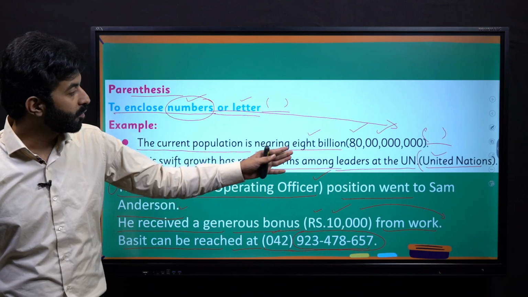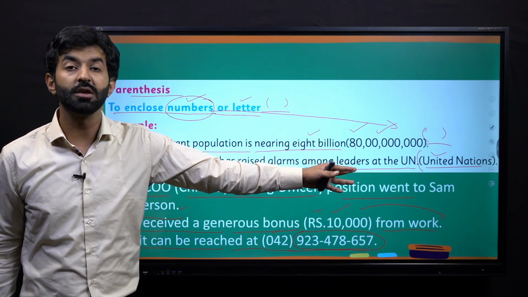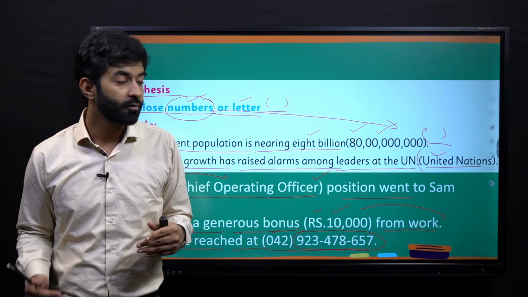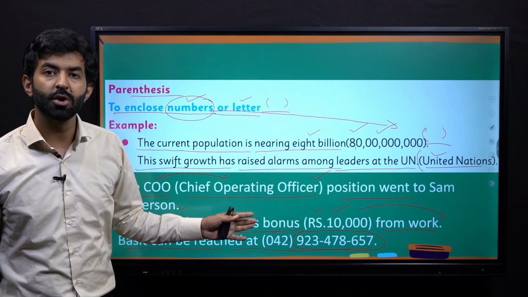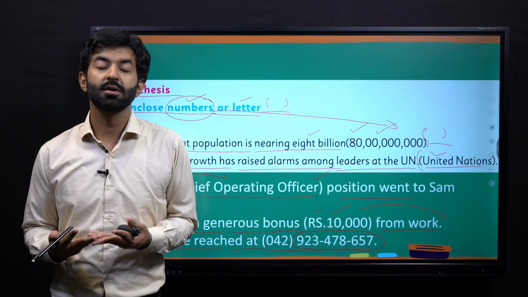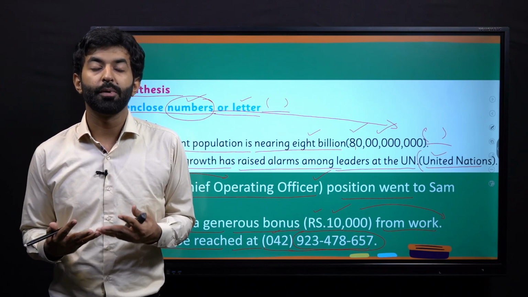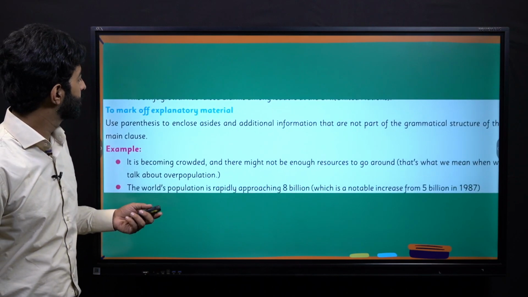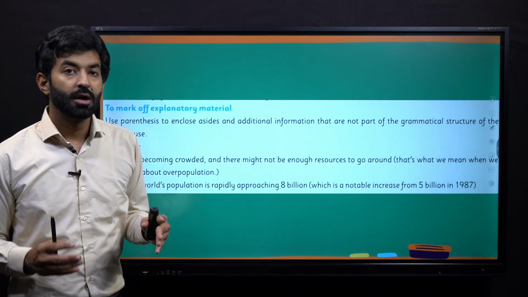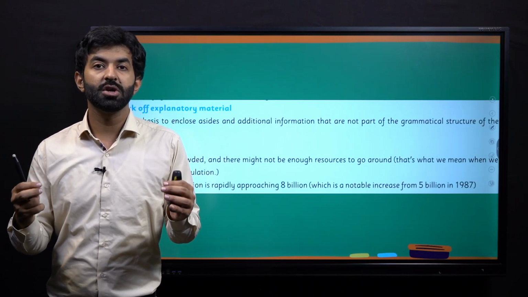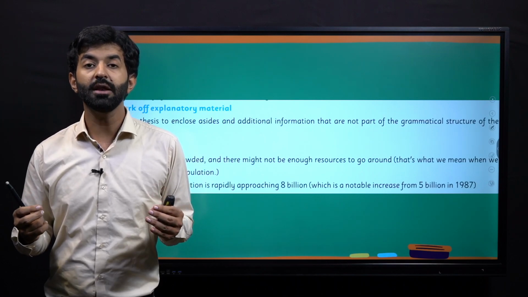So here we enclose the numbers, we enclosed the abbreviations, the full forms, and we also enclosed some terminologies. COO, which is an acronym for Chief Operating Officer. Now let's move on. Students, we need to enclose our extra additional material or information in parentheses.